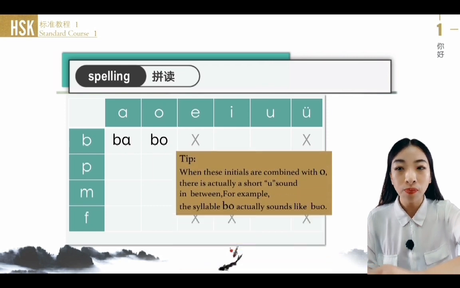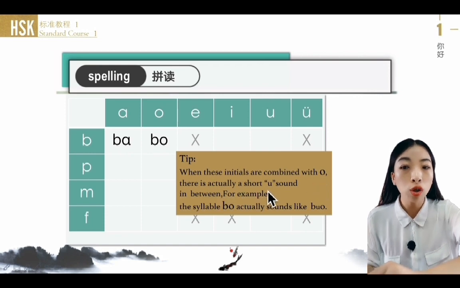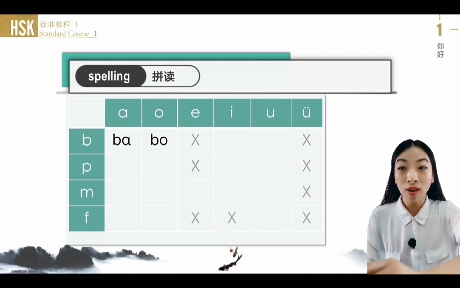Attention here. When these initials are combined with o, there is actually a short u sound in between. For example, the syllable bo actually sounds like buo. Let's go on.